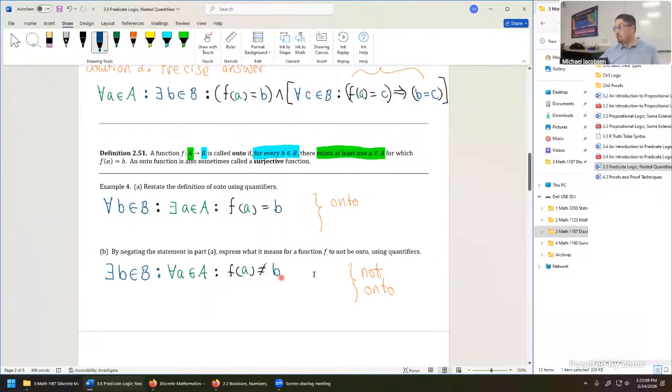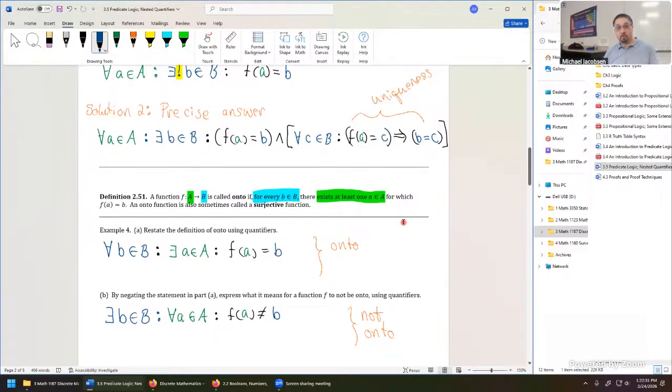And now this is saying it's not onto because you found at least one. There exists a codomain element such that on every domain element you checked, every single possible one, you never got equality here. This is what not onto would mean as a quantified statement.